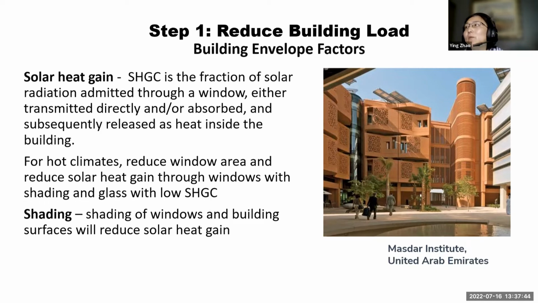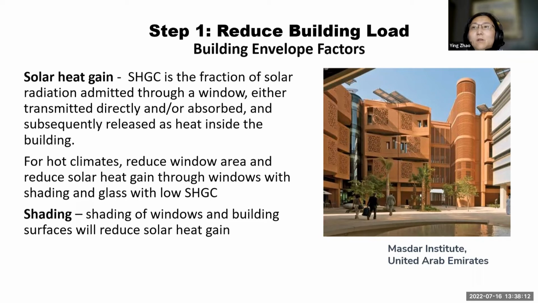So when we look at solar heat gain, we mainly look at the solar heat gain through a window. If the solar heat gain coefficient is very high, the window will admit a lot of heat into the building. That is good for cold climates in the winter, but it's really not good for a hot climate, for example here.